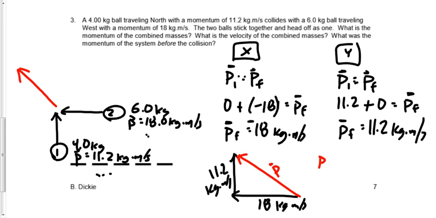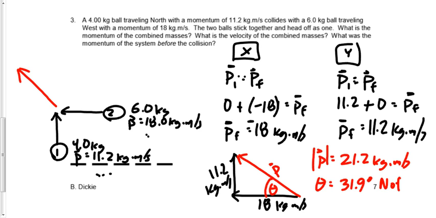P, by the way, works out to be, when you do the math here, 21.2 kilograms meters per second. And theta, always drawn from the start of your vector diagram, using the inverse tan function of 11 over 18 gives us 31.9 degrees north of west.